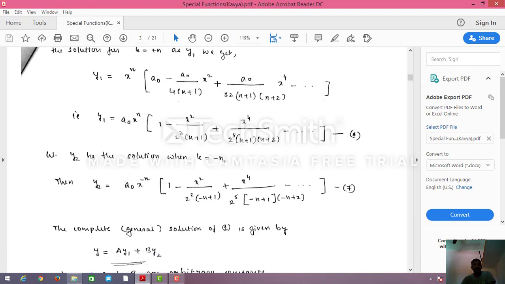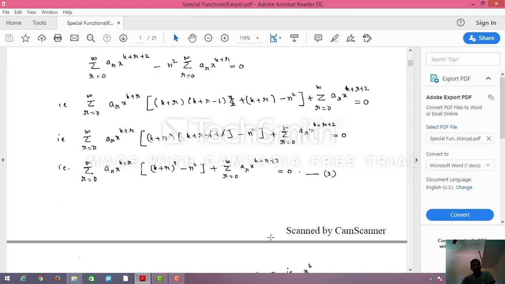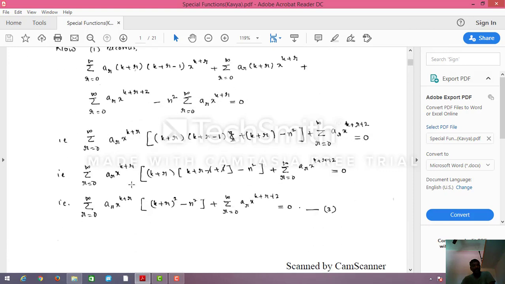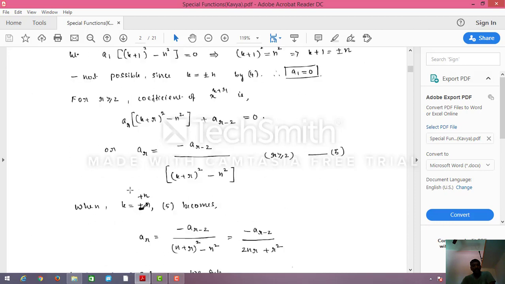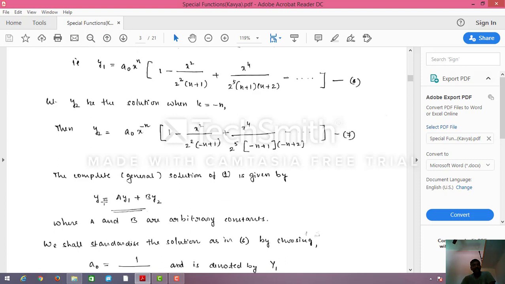The complete general solution of equation 1 is, because the given equation is a second order equation, and for a second order equation how many constants should exist? Two constants. That is the way we write the complete solution: y equal to a into y1 plus b into y2.